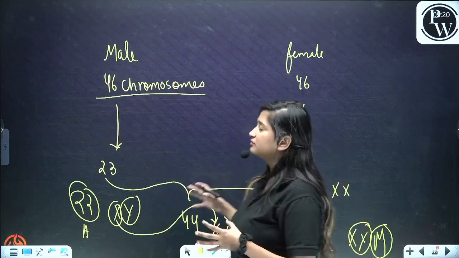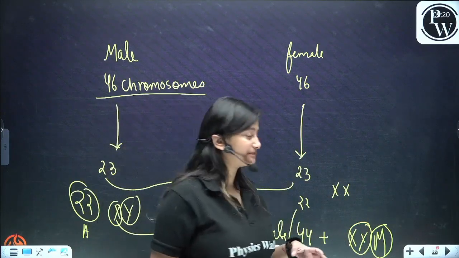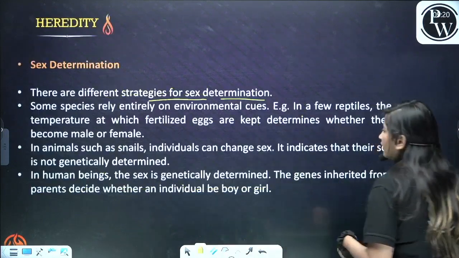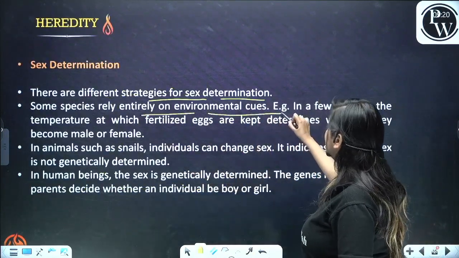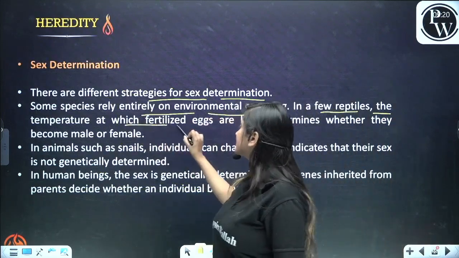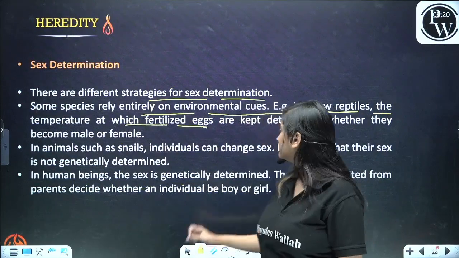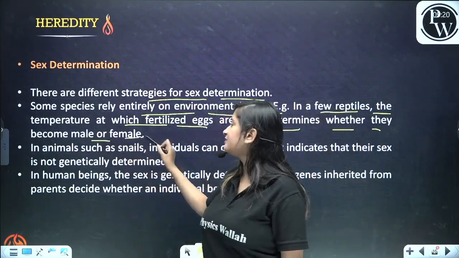Humans are always dependent upon genetics. Okay, but some species are not. Some species rely entirely on environment. For a few reptiles, the temperature at which the egg is fertilized determines whether they become male or female.